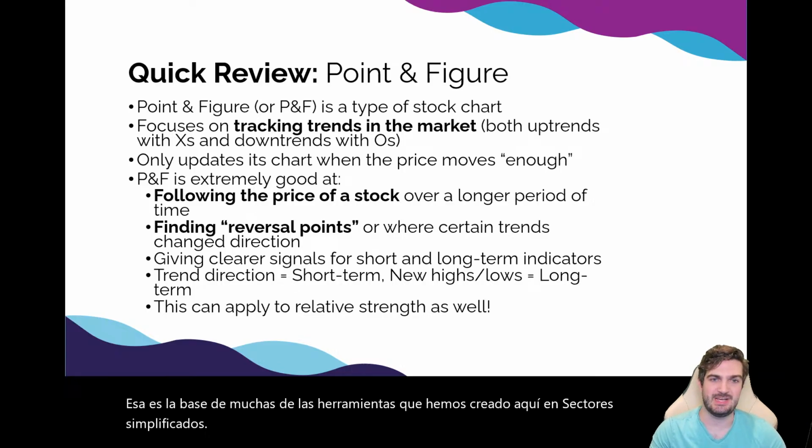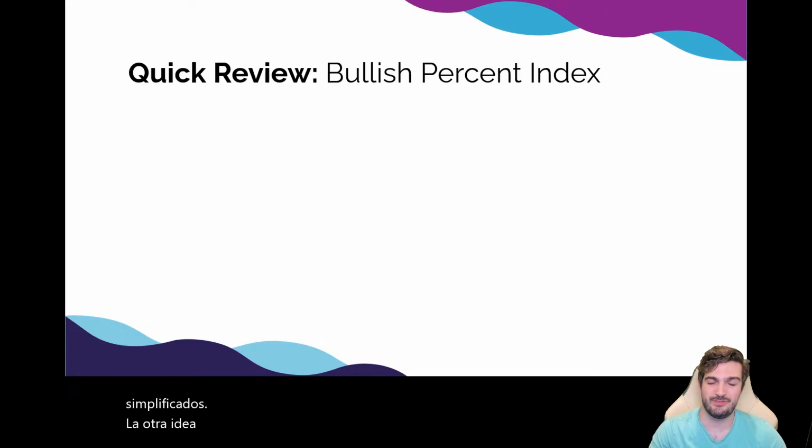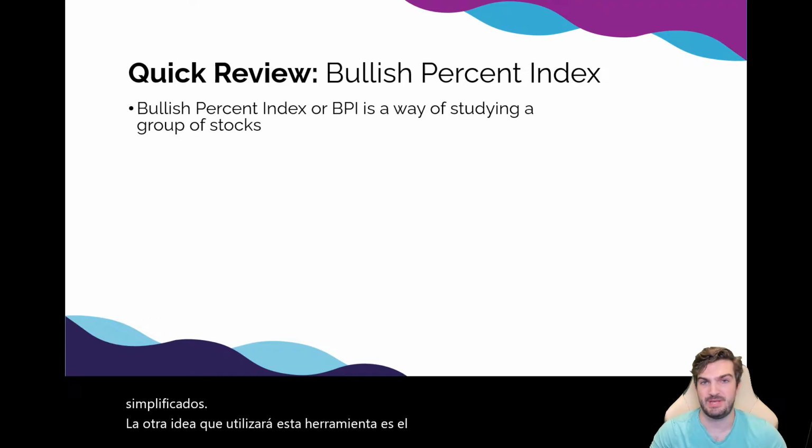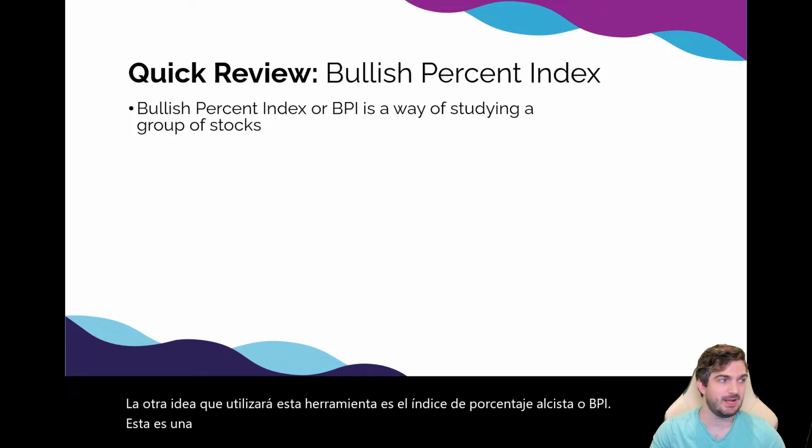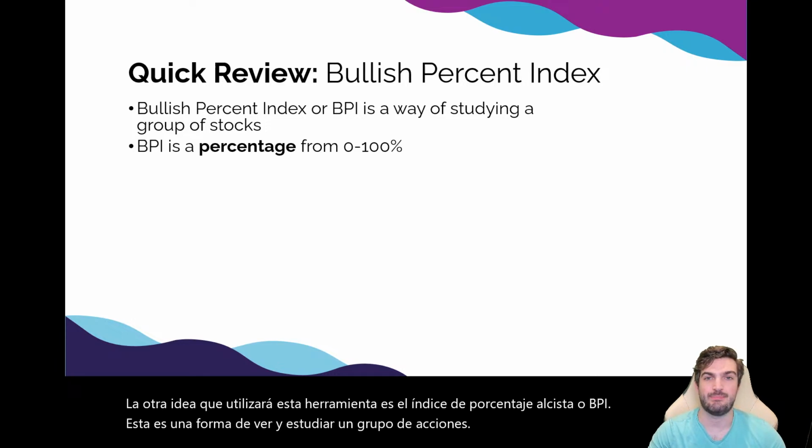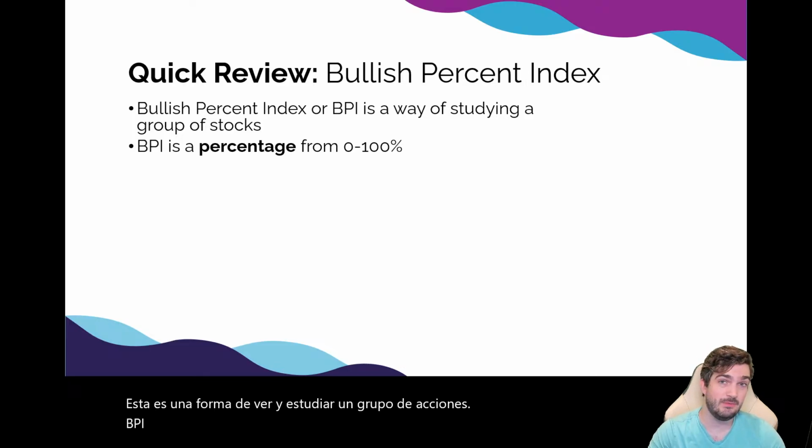The other idea that this tool will use is bullish percent index, or BPI. This is a way of looking at and studying a group of stocks. BPI is a percentage from 0 to 100%. 0 is the lowest, 100 is the highest.